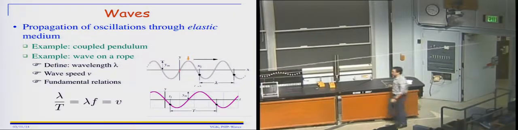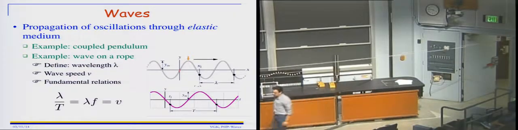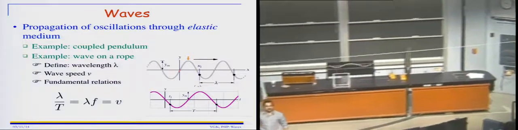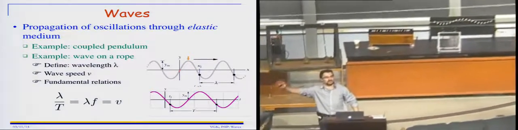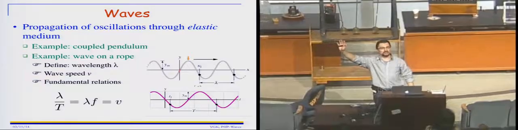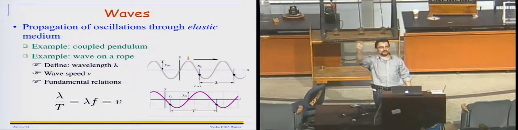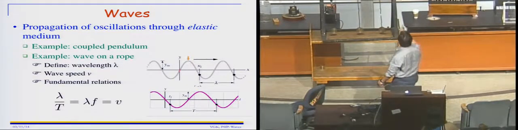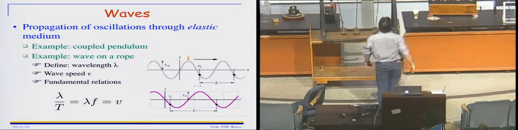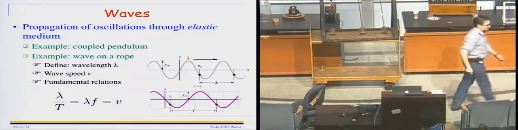This is a characteristic speed of the medium known as the wave speed or wave velocity that characterizes how quickly the vibration passes from one side to another, from one little mass to its neighbor. This is characterized by this quantity v that's known as the wave speed.